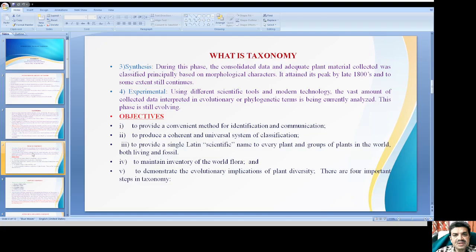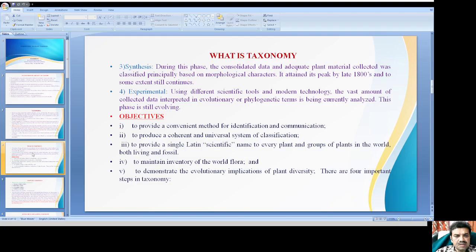After the exploration, the data is consolidated with adequate plant material collected during this journey, and morphological characters are taken into account. In the experimental phase, the last phase, which uses the scientific modern tools of plant sciences, the vast amount of collected data is interpreted to make a clear-cut view from the evolutionary or phylogenetic point of view.